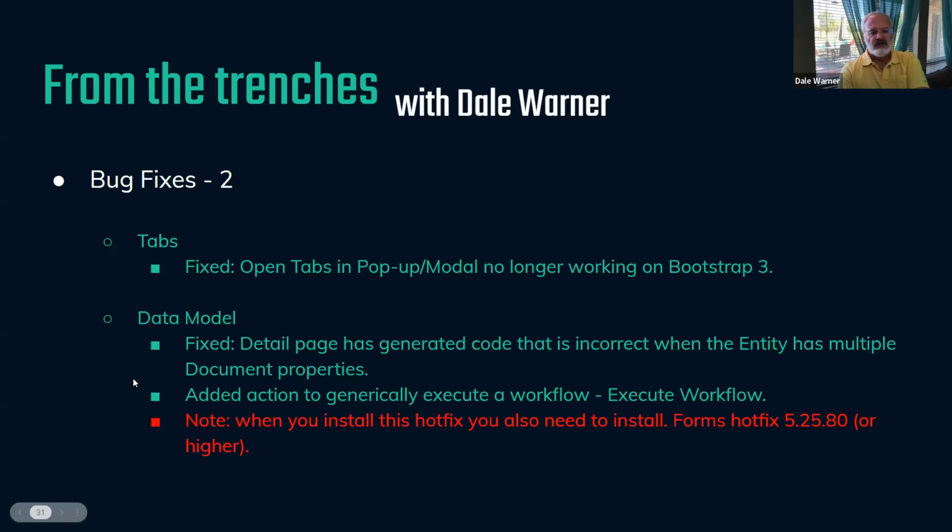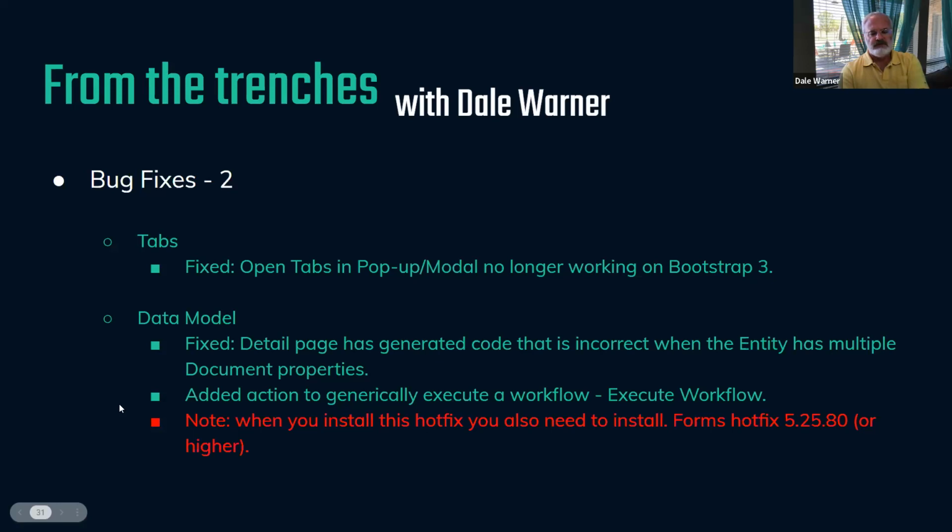And this next one is kind of interesting. We now have the ability to execute a workflow generically, that you reference it by its GUID, its ID number, and you can execute the workflow that way, which allows you to dynamically select which workflow you want to run based on conditions.